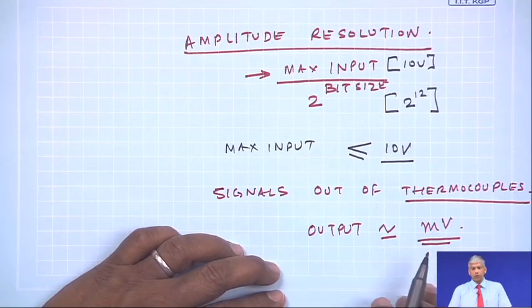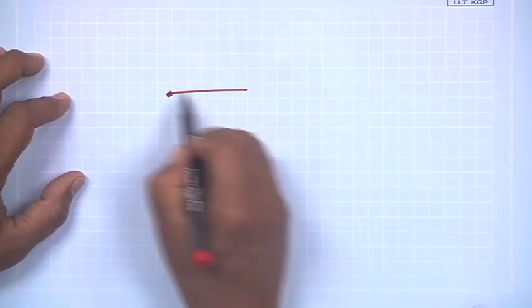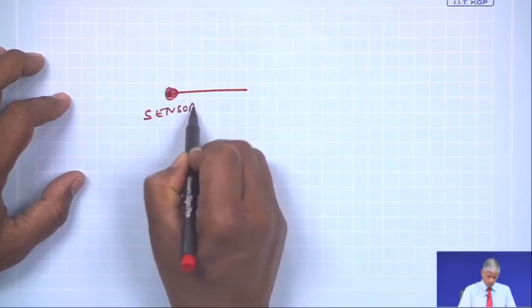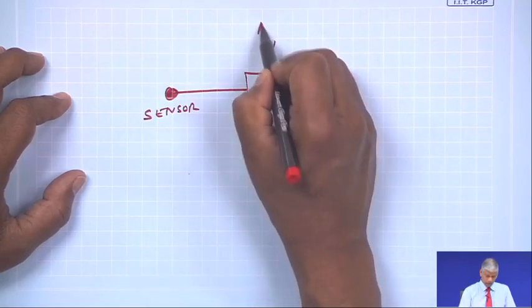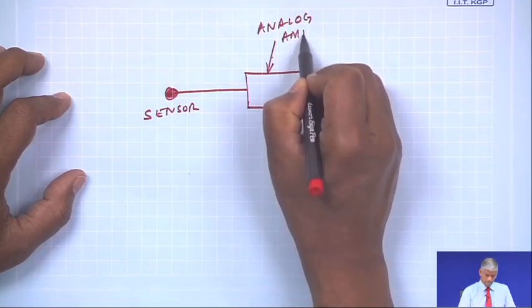In such systems, between the sensor and my DAQ system, I can put an analog amplifier.